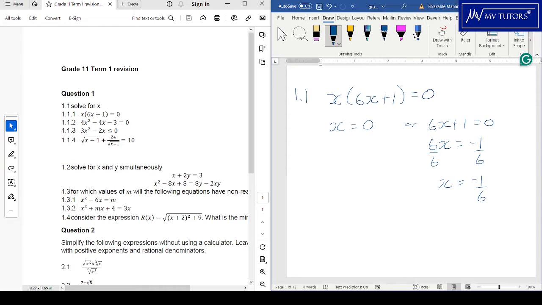It says 1.2. Now I've got 4x² - 4x - 3 = 0.